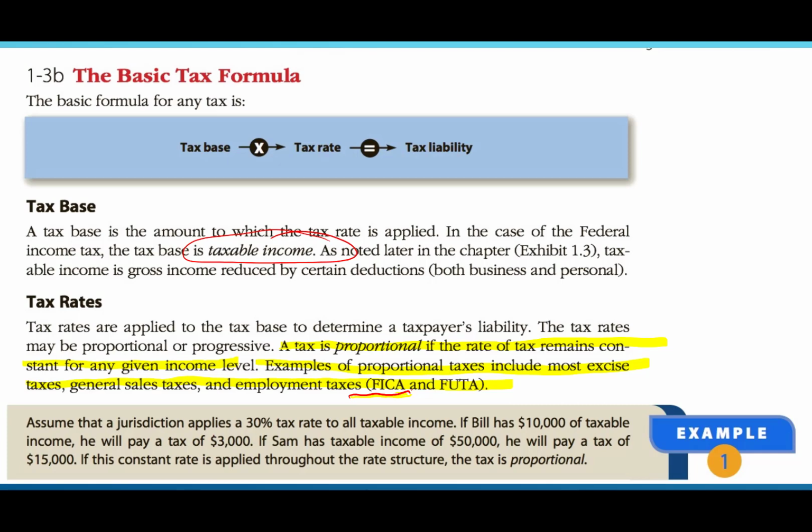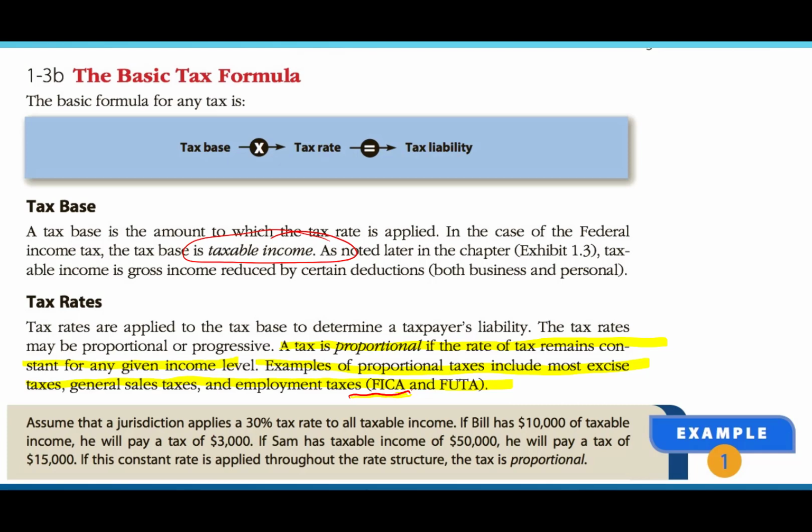The only thing about FICA is that it caps out at a certain level. So once you get up into the 90,000s of your income, they stop taxing you for the Social Security. But up to certain limits, it's something like 7.5% of your income is taken. It doesn't matter how much you make.